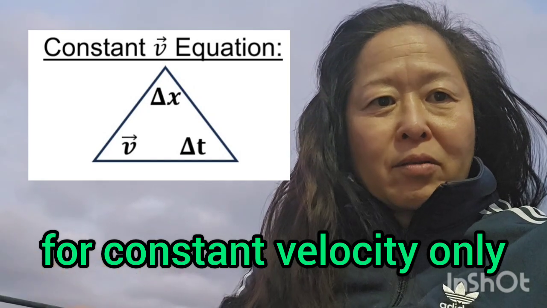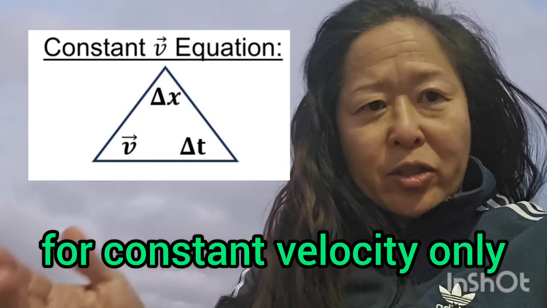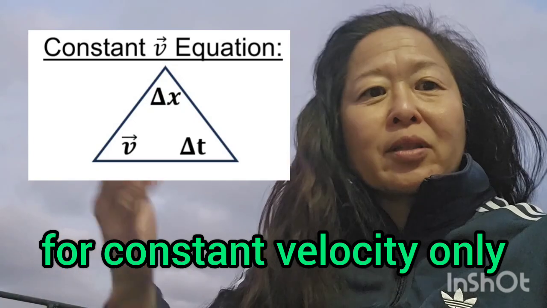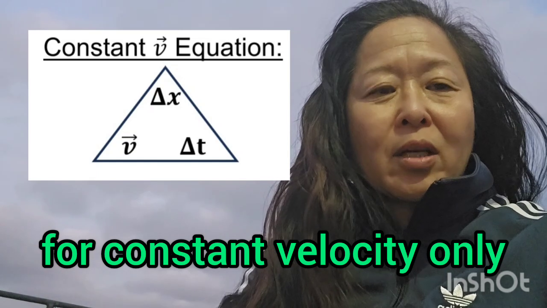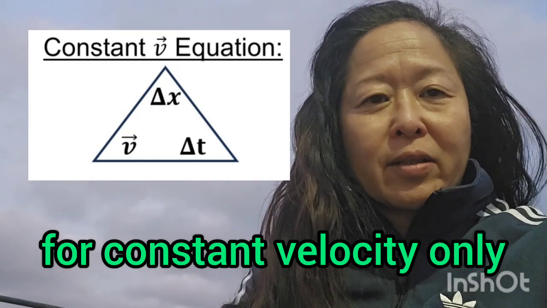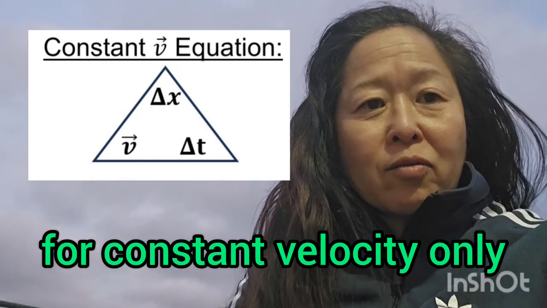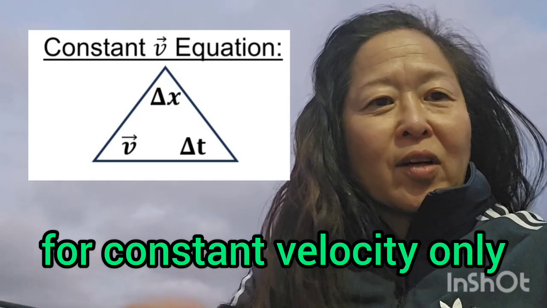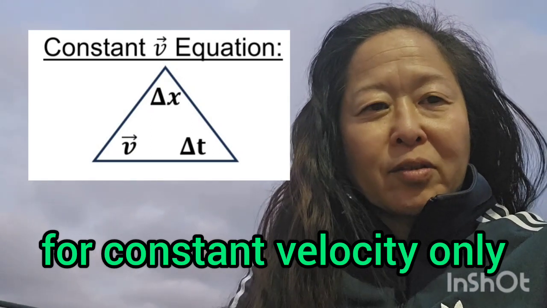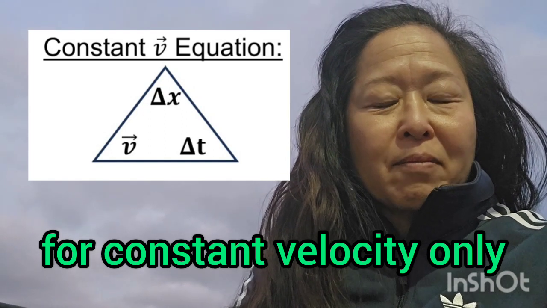So that way you don't have to memorize 3 separate equations. You don't have to remember 3 variations of the same thing. You just remember this triangle, and then whatever quantity you want to solve for, you just put your finger over it, and then you see how to find it by plugging in the other 2 values.